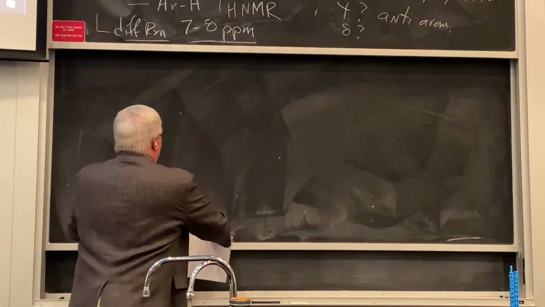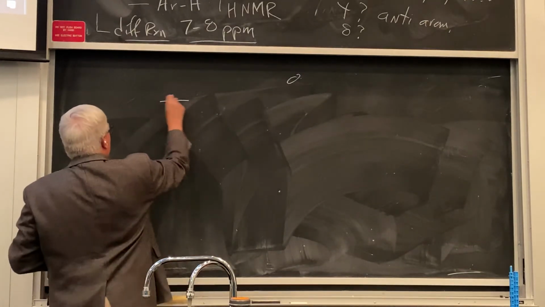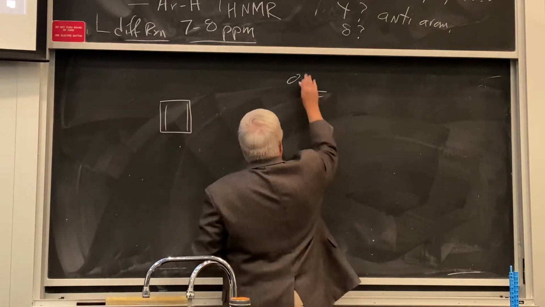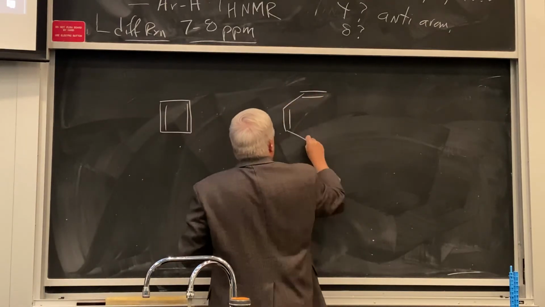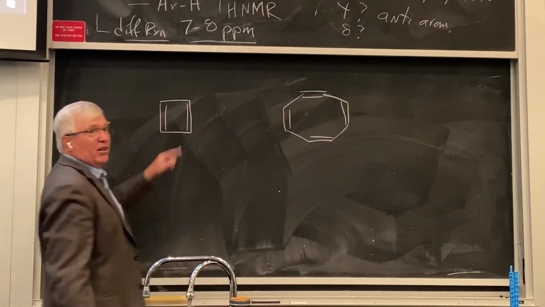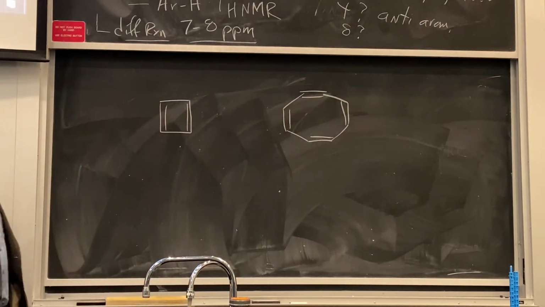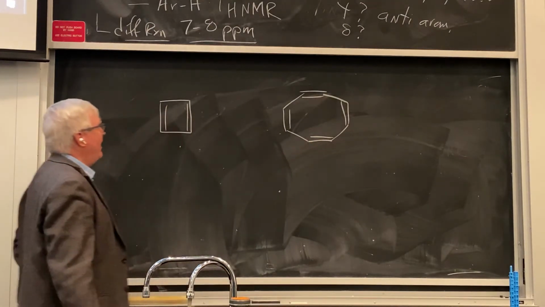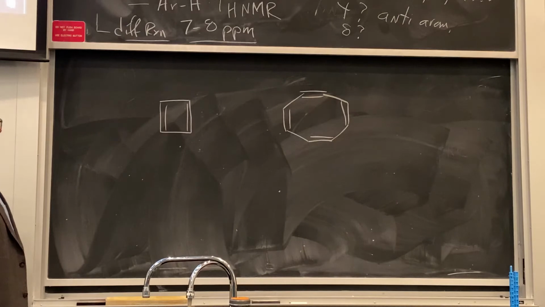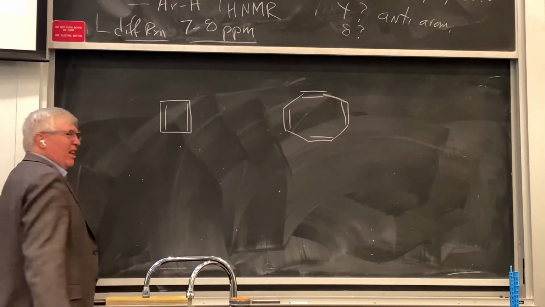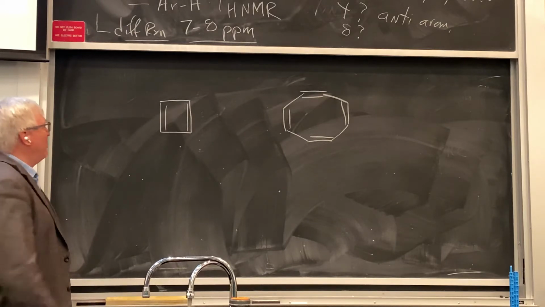So we've got, how about this one? And how about this one? So what are we going to call these? This is cyclobutadiene, and this is cyclooctatetraene. What about these? Well, they could be flat. Their pi electrons are certainly conjugated, but what about the number of pi electrons?